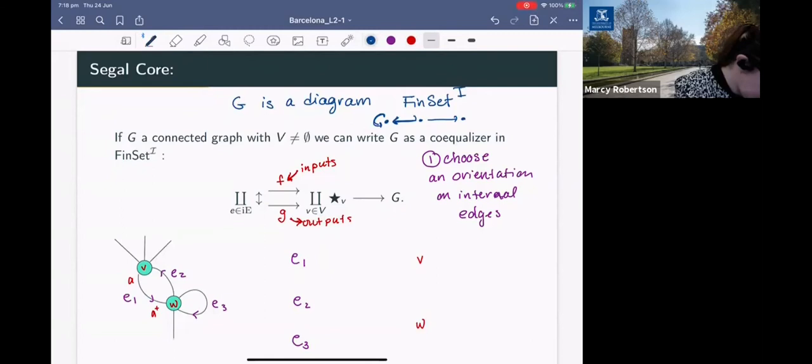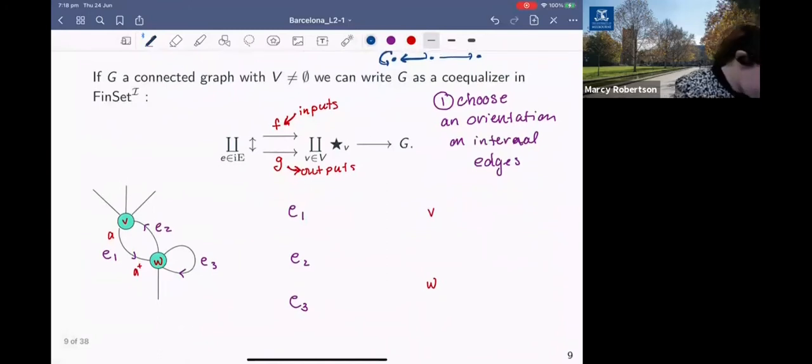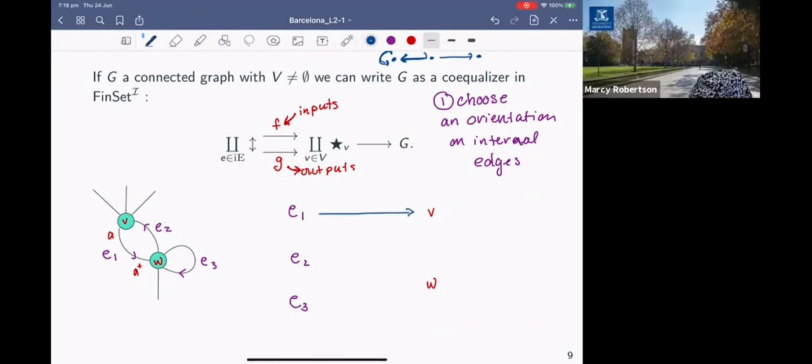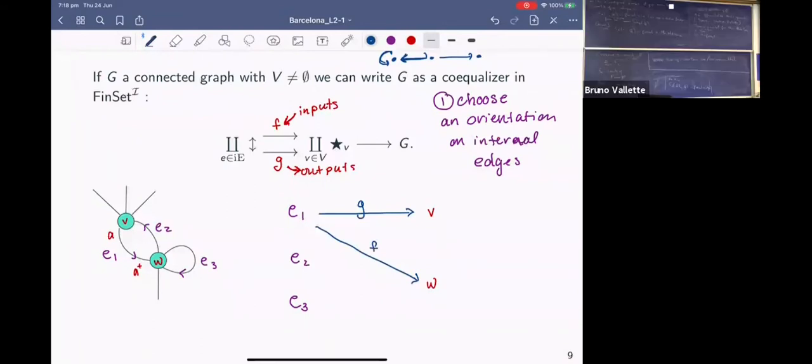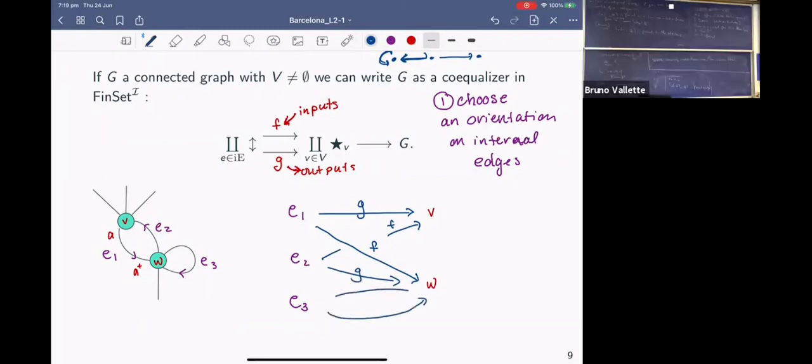So E1, as we saw yesterday, is attached to V and it's attached to W. Using this, I'll say E1 is attached to V by G, and it's attached to W by F. I have E2 touching V, and this is an input, so this will be an F. And E2 going to W is an output, so this is G. And E3, well, I have both an F and a G here.